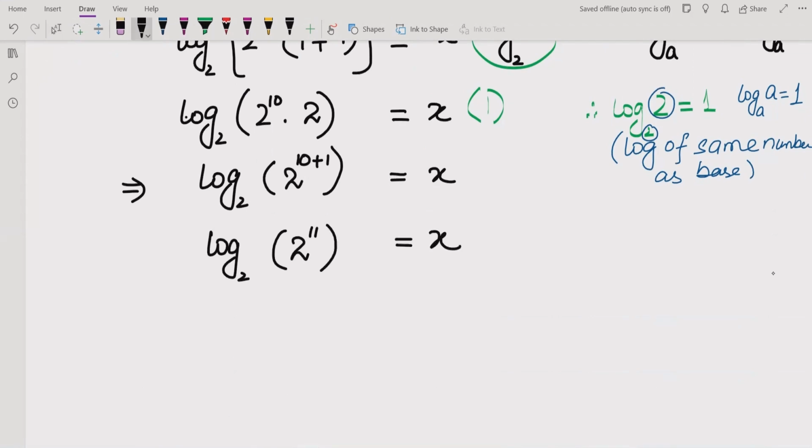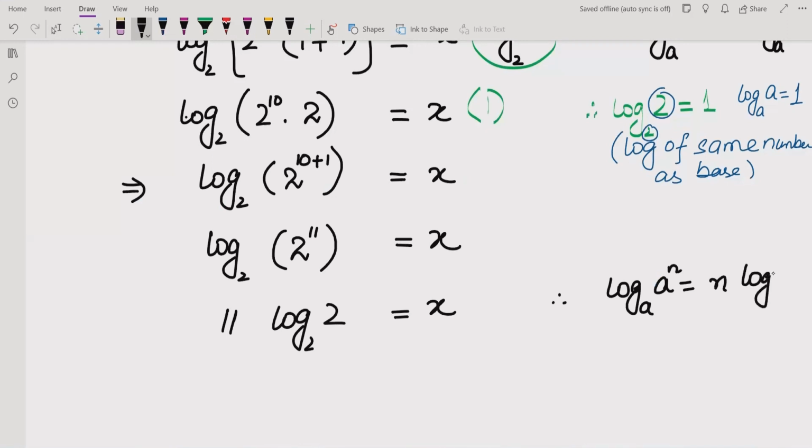Now we will take the power rule here, 11 log 2 raised to power 2 equals x, and we give the reference here: log a to the power n. By the power rule, we apply n log base a of a. Now we multiply 11 multiplied by 1 and that equals x.